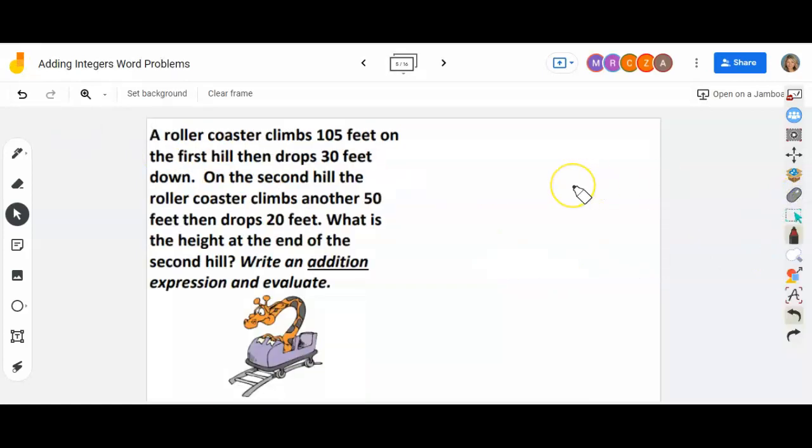All right, we have another addition problem. A roller coaster climbs 105 feet, that's positive. Then drops 30 feet, that's negative. Then climbs 50 feet. Then drops 20 feet. So the commutative property says it doesn't matter what order you add in.